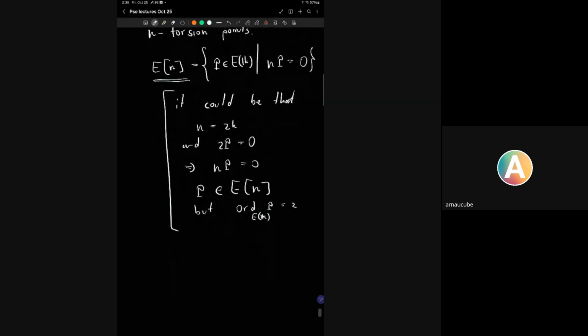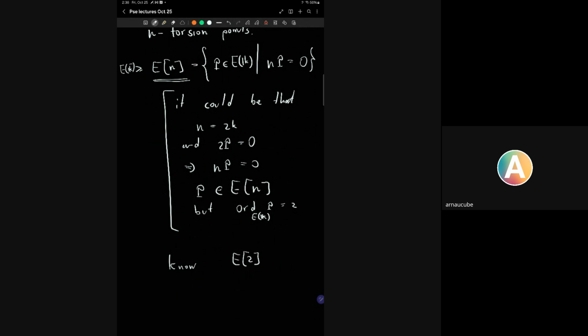We already know that E of n is, in fact, very easy to check, a subgroup of E of k bar.